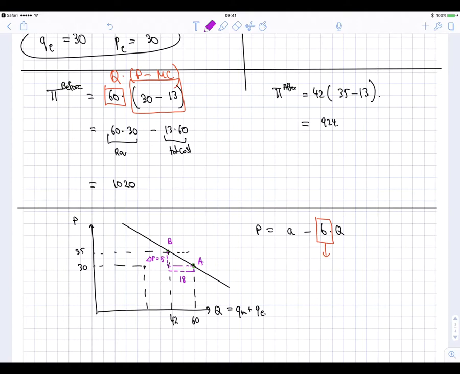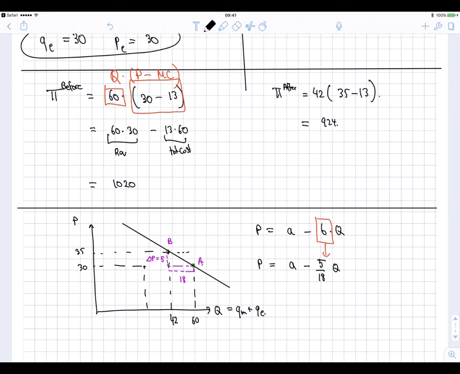I've already taken care of the minus because I've already put a minus in front here. So I'm only going to look at absolute values just to make my life a little bit easier. So then I already know that P is equal to A minus 5 over 18Q. I already figured out the slope by just having those 2 points, okay?